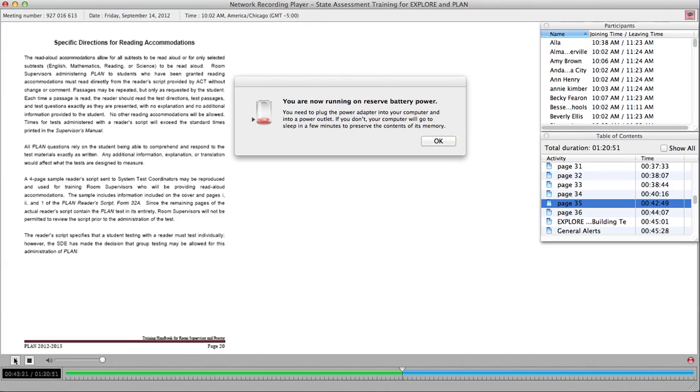Teachers or room supervisors, whoever is giving this accommodation, must read directly from the reader's script. They will not need to use a student's test booklet. They must read exactly as written in the reader's script.